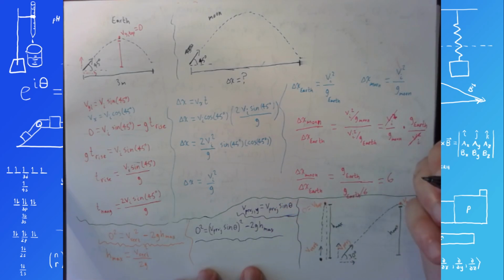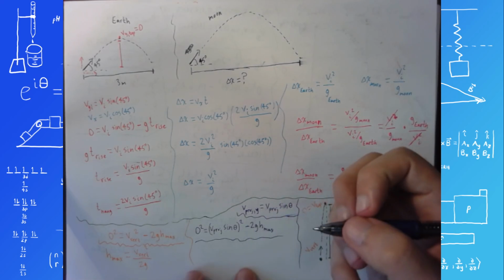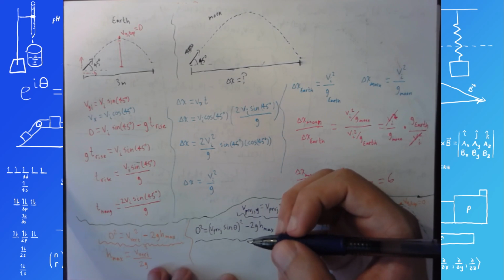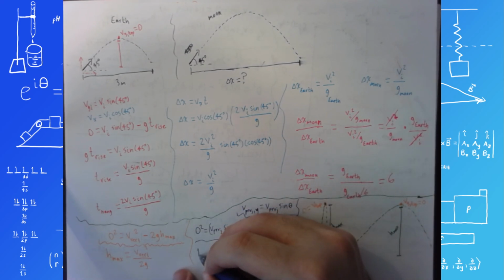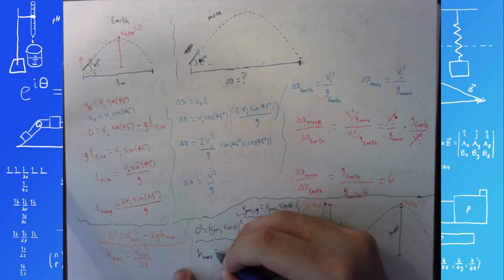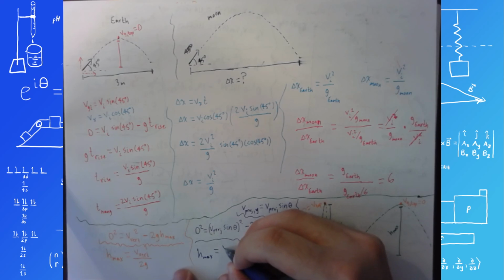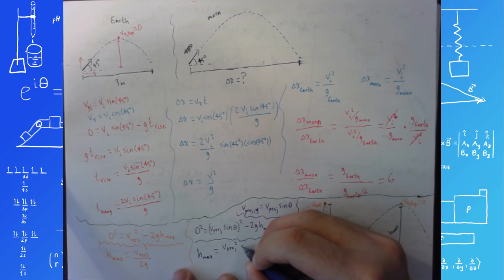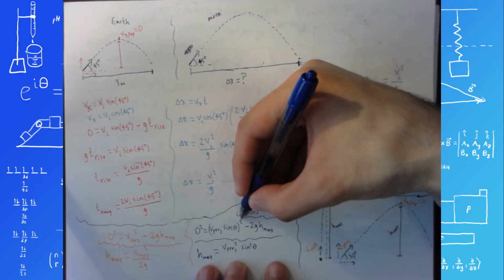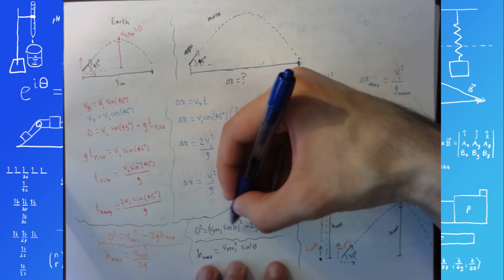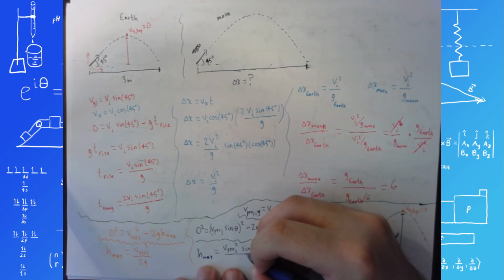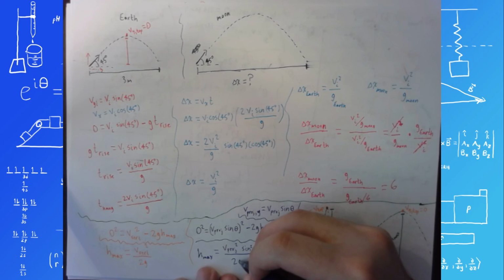Okay. So add 2g h max to both sides and divide by 2g, and very similar to what we did in the pure vertical case over here, h max is going to be v projectile squared times sine squared of theta. I just distributed the square over this multiplication, divided by 2g.